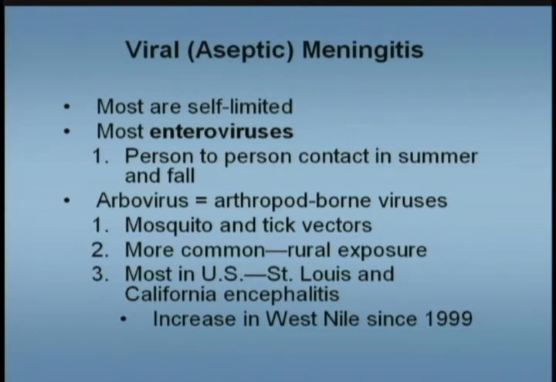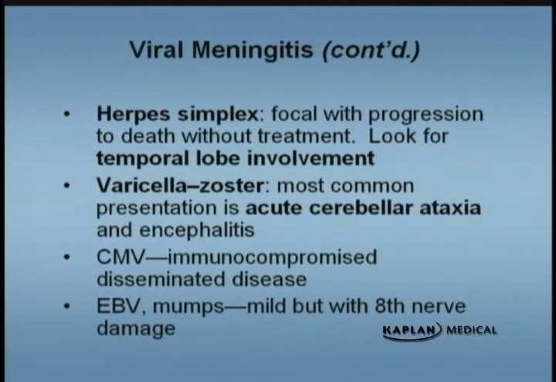There are a variety of these in the country. Commonly think of St. Louis and California encephalitis. There has been, however, an increase in the West Nile since 1999. Definitely need to know your CSF findings. Herpes can also cause meningitis encephalitis, and when you're reading the test question and they want you to think along the lines of herpes, always look for some kind of temporal lobe involvement.